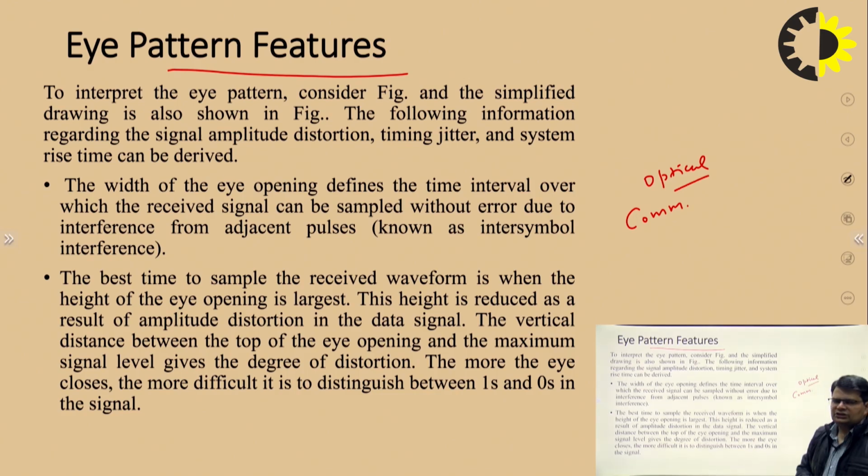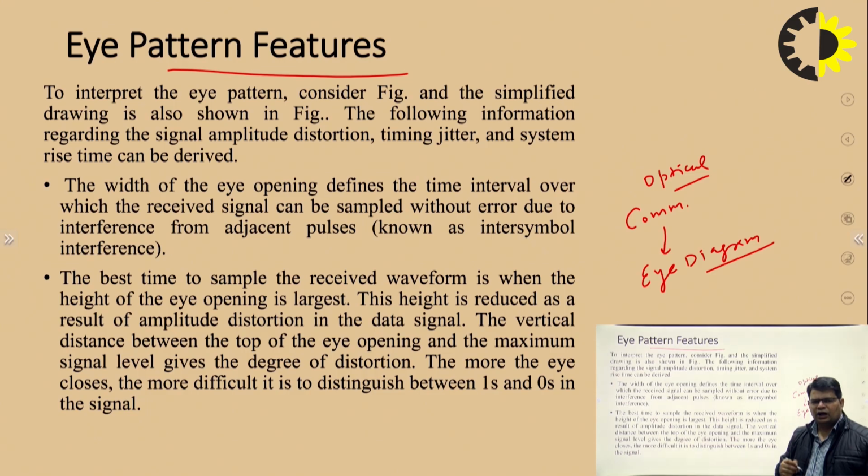Optical communication system is also a wired communication system, so its performance can be analyzed using the eye diagram. By simply analyzing the eye diagram, we can comment on the performance of the optical communication system.